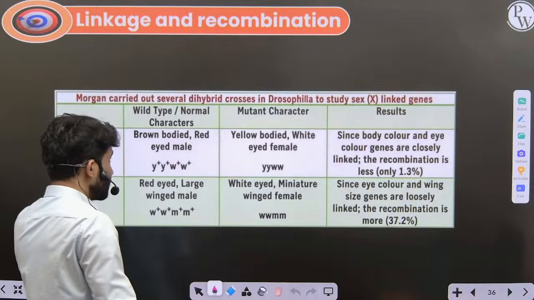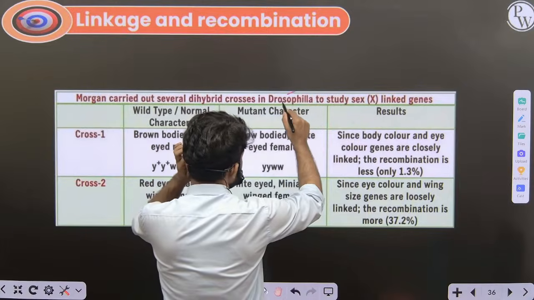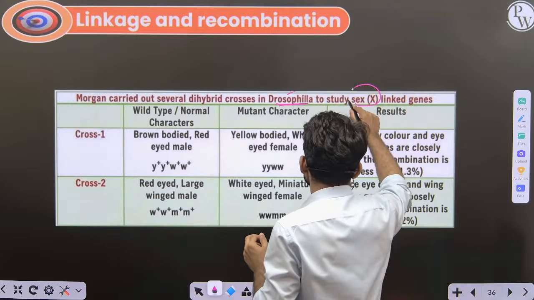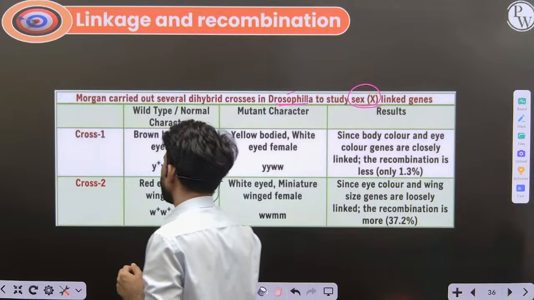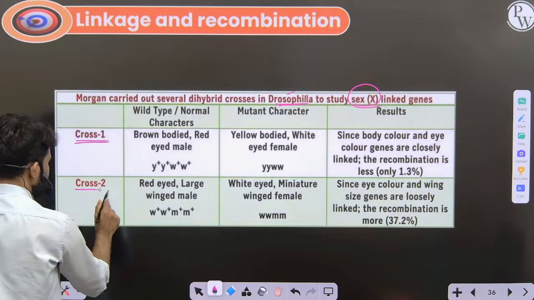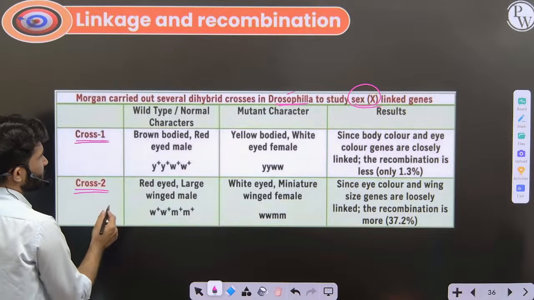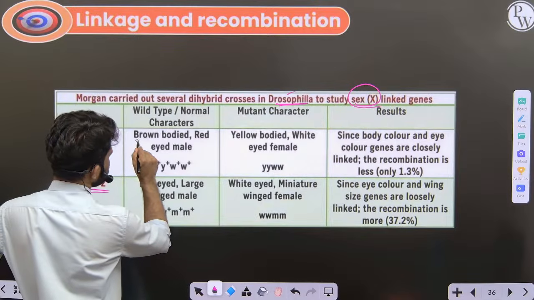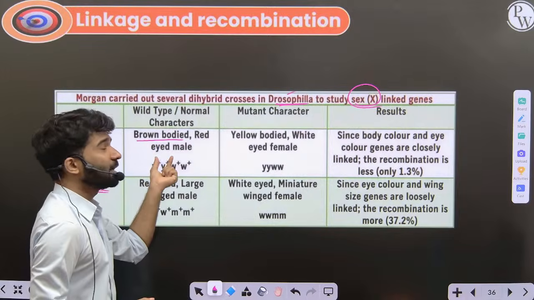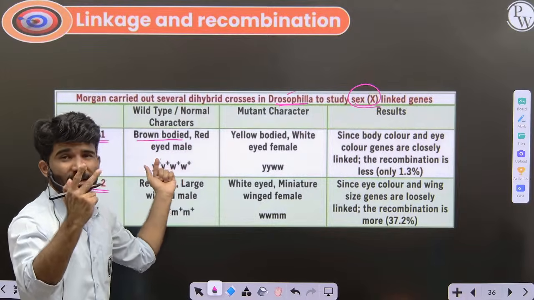Morgan did experiments on Drosophila melanogaster to study sex-linked or X-linked genes. He made two different crossing experiments. In the first, he considered wild characters, brown body and red eye, in a dihybrid cross.